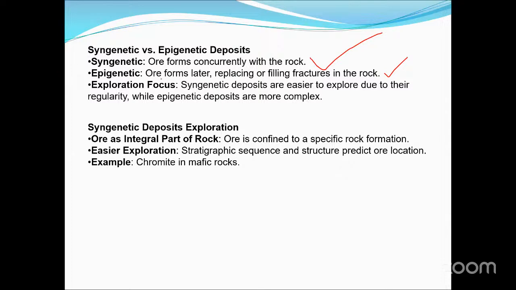Whereas epigenetic ores form later, by replacement or filling of particular gaps or fractures in the rock. So when ore forms during the rock formation, those are called syngenetic. Whereas epigenetic ores are formed later, by replacement or filling the different types of structures present in the host rock.